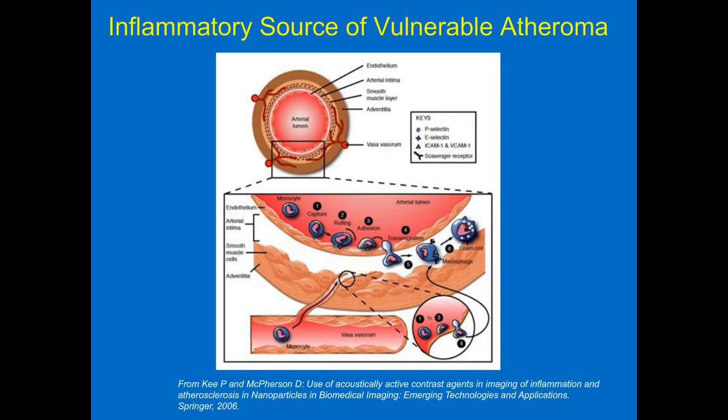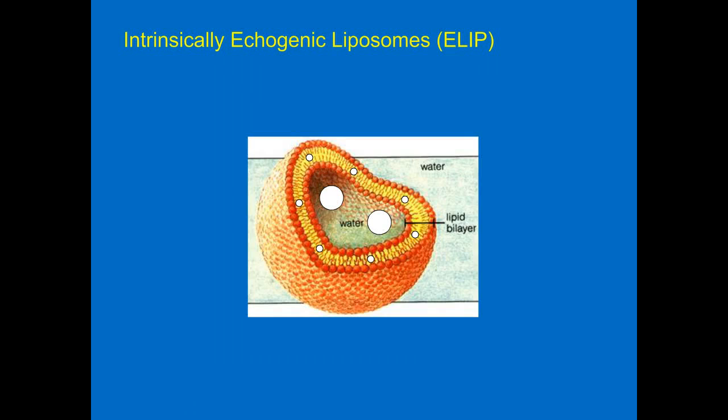Now our liposomes, as I said, are intrinsically echogenic liposomes. What that means is that by virtue of the production method of these vesicles, air becomes trapped in both the lipid bilayer and in the vesicular lumen.